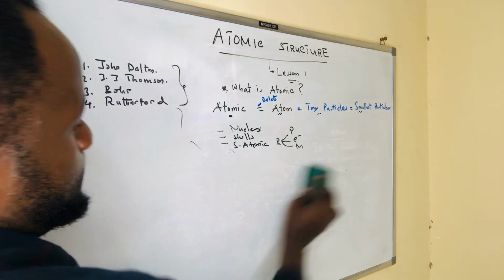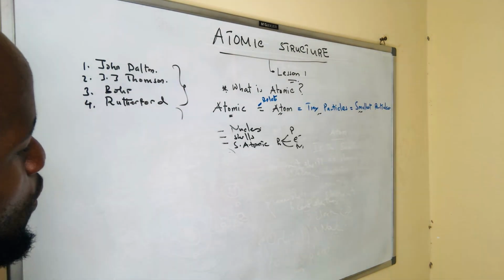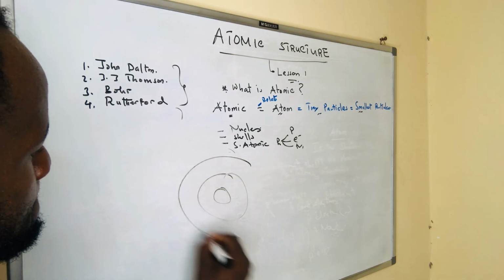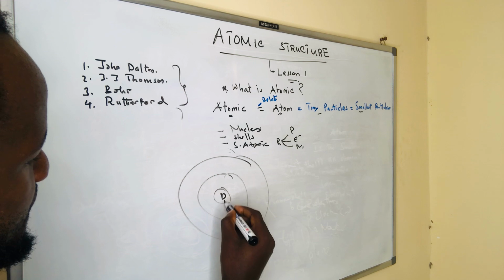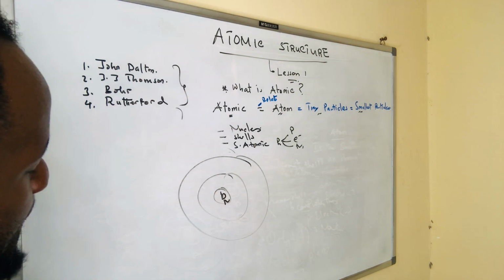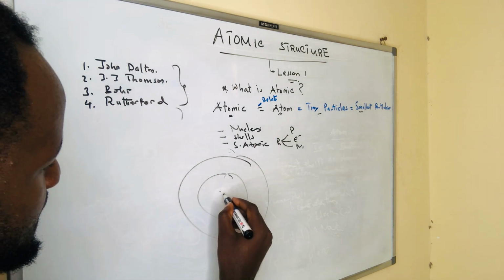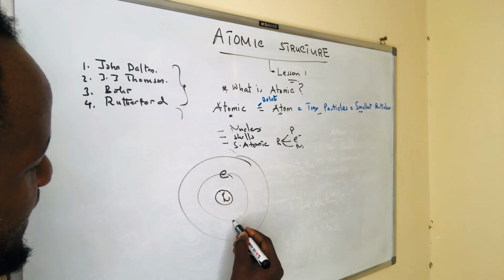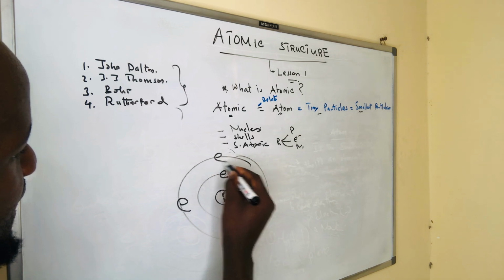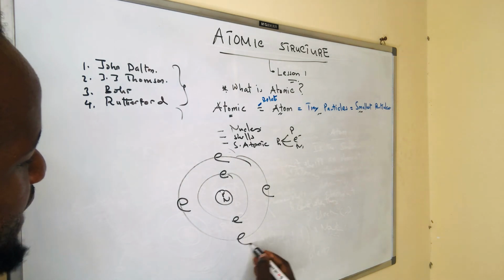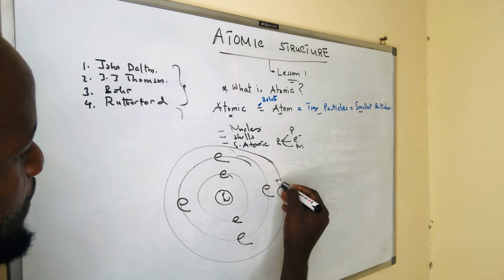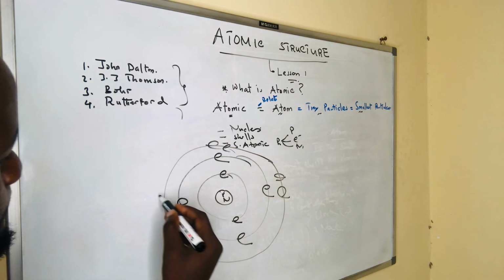Na kitu cha mwisho, ukiangalia structure hapa, hapa ndani kwenye nucleus kuna positive protons and neutrons. Alafu zinazofuata ni electrons, distribution of electrons. You see? So unaweza kuchora hapa another shell and then ukaweka electrons.